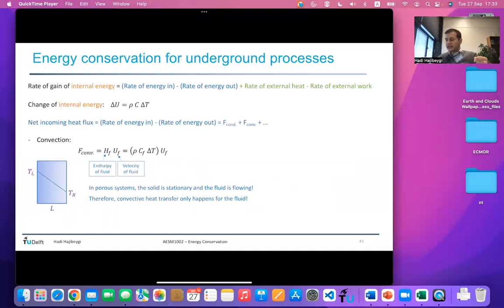Imagine you are sitting on a carrier that flows with some velocity. You are transferring heat, energy, mass together, and so it enhances the heat flux in your system.